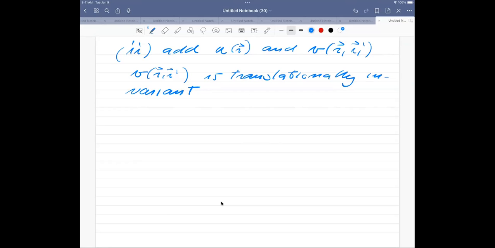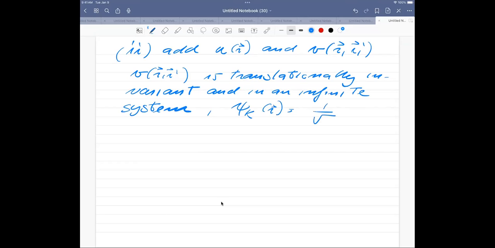So with this translational invariance, and in an infinite system, the states which we have, this psi of k of r, with 1 divided by the square root of the volume times e to the i k times r, are also eigenstates for the Hartree-Fock calculations, HF, Hartree-Fock, of the interacting system.